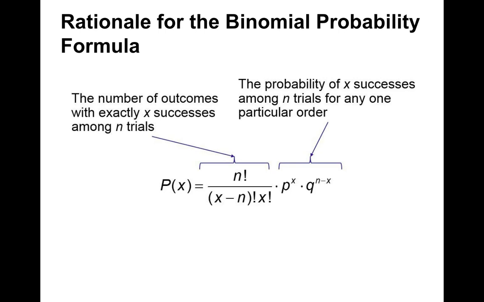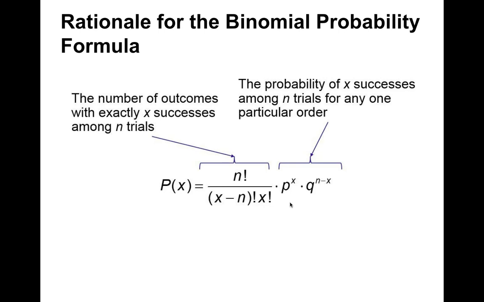But I could have success, success, failure, success, failure. So if I think about the number of ways to choose 3 of those 5 things to be my successes, the remaining 2 have to be my failures, so those just fall into place. And that is the number of ways that I can have exactly 3 successes in 5 trials. So that's what this first thing tells me.